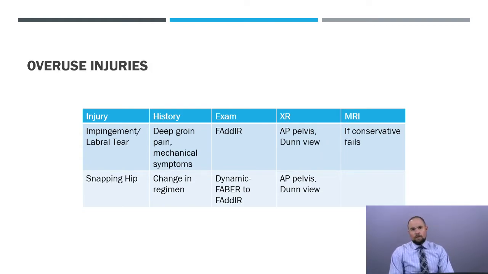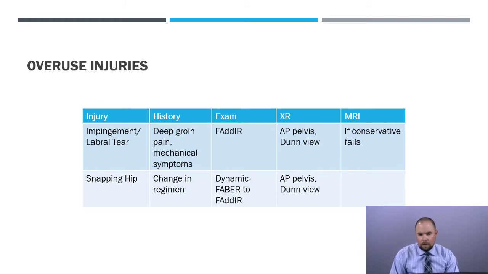That's the most common. Cam lesions are where you see a little bit of extra growth over the femoral neck, right at the junction where the femoral head begins. Basically, there's an extra bony prominence, so when they put their hip through range of motion, it rubs against the hip there and causes pain.